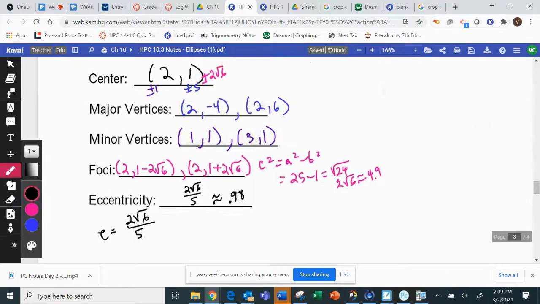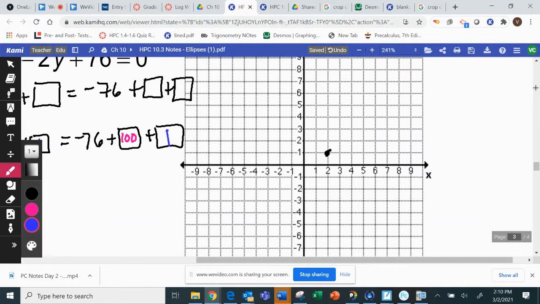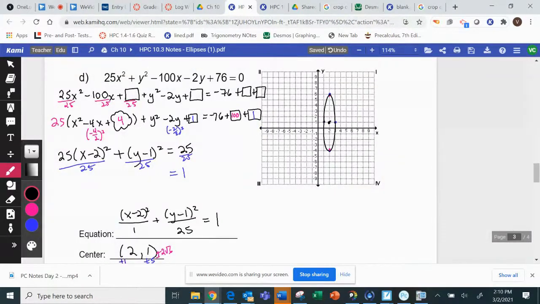And I'll graph everything. And my eccentricity is quite a big number.